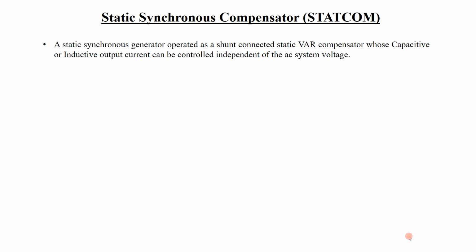FACTS devices are power electronic devices which generate reactive power as well as consume reactive power as per the requirement of the system.